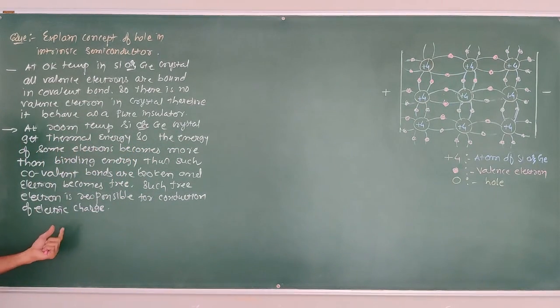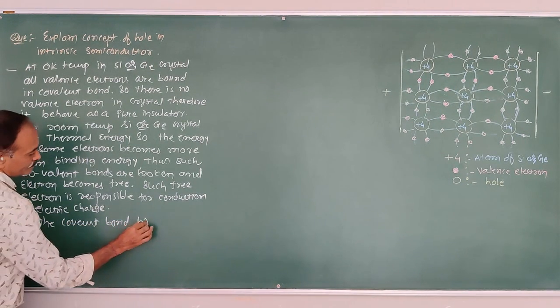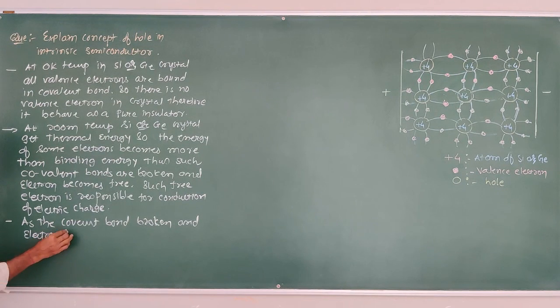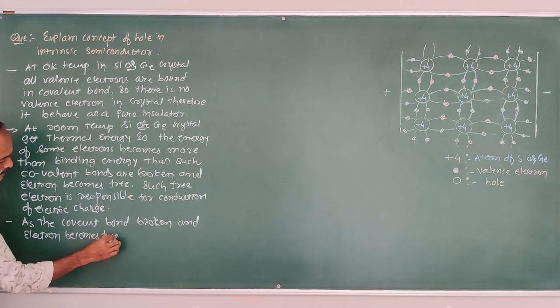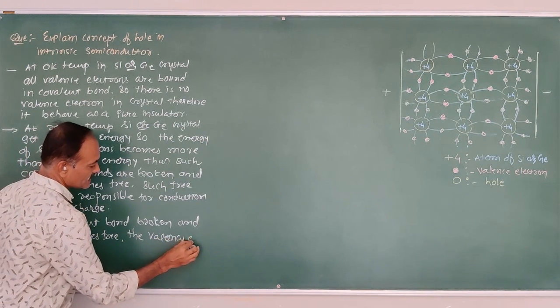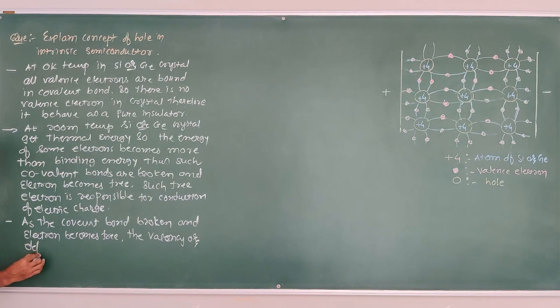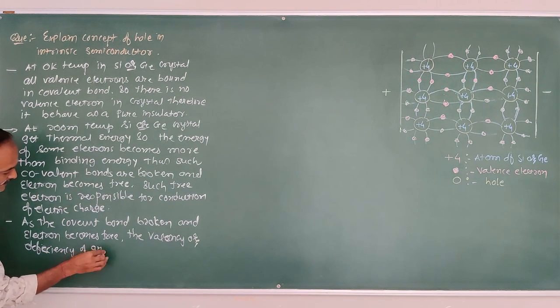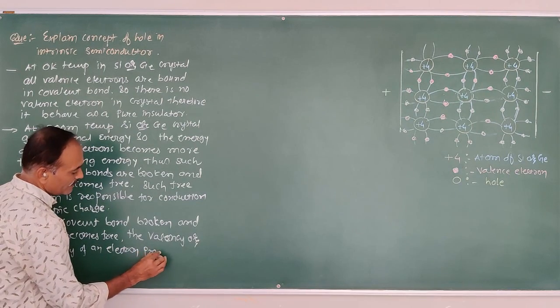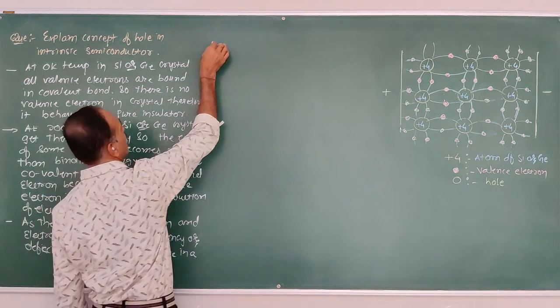This deficiency or vacancy of an electron is known as a hole. When the covalent bond is broken and the electron becomes free, the vacancy or deficiency of an electron is produced in a covalent bond.